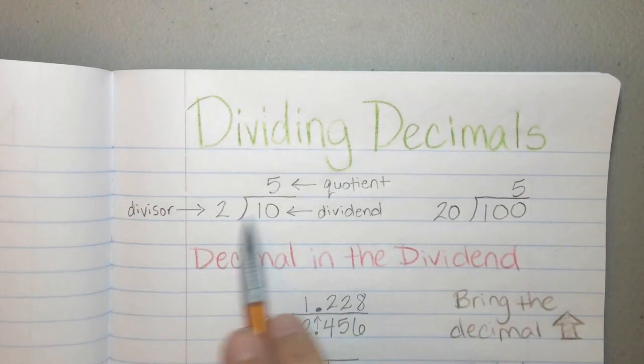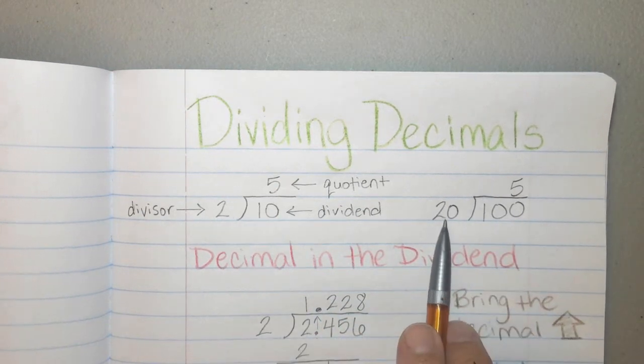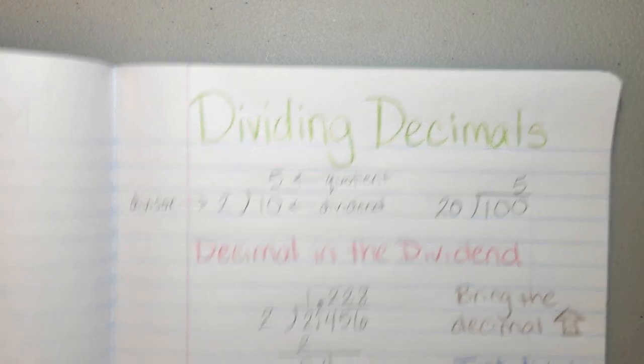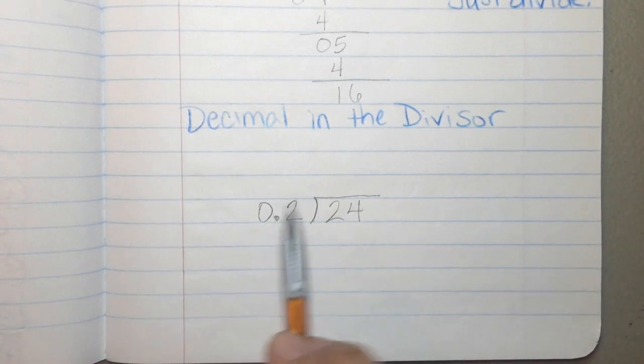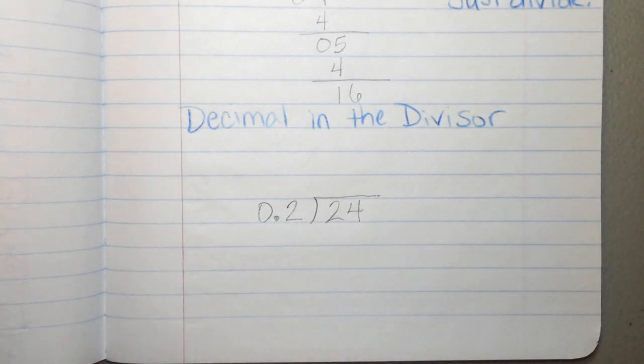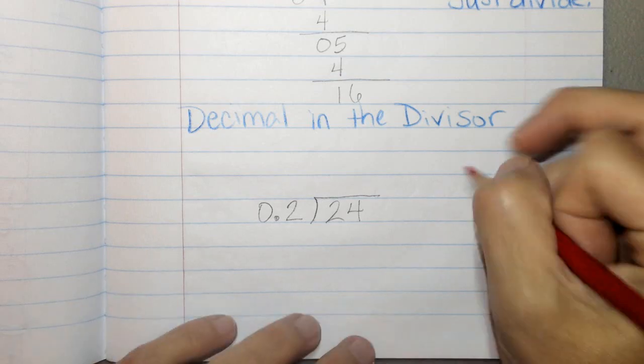Remember that 10 divided by 2 and 100 divided by 20 gave the same quotient. So when there's a divisor with a decimal, the first thing you have to do is move the decimal place over. You have to multiply by a multiple of 10.